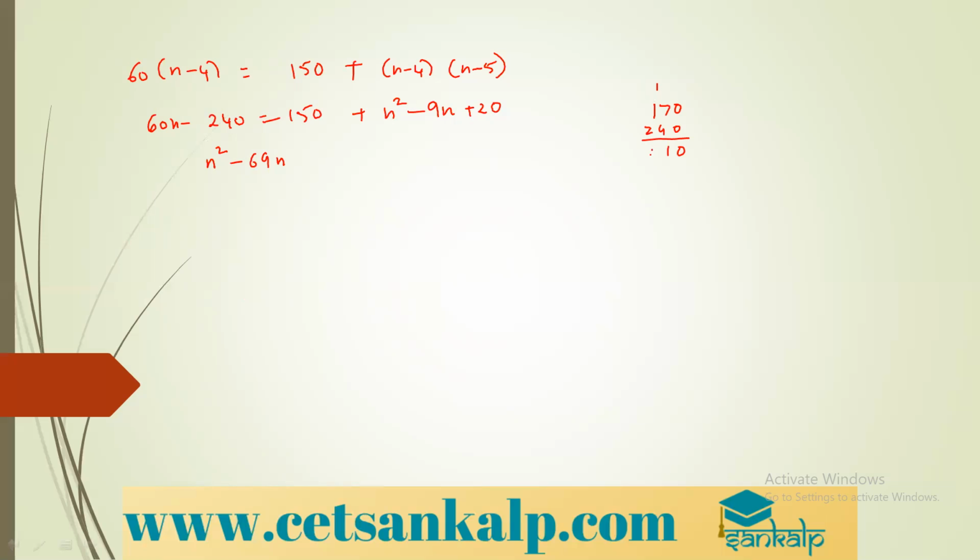So it will become 410. So plus 410 equal to 0. Or when I simplify this, I will be getting n as 7 or 14.